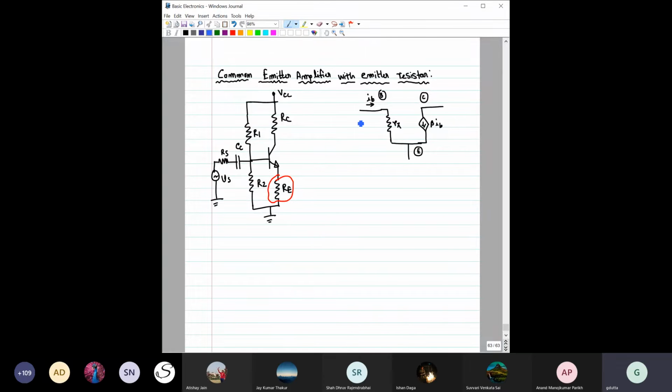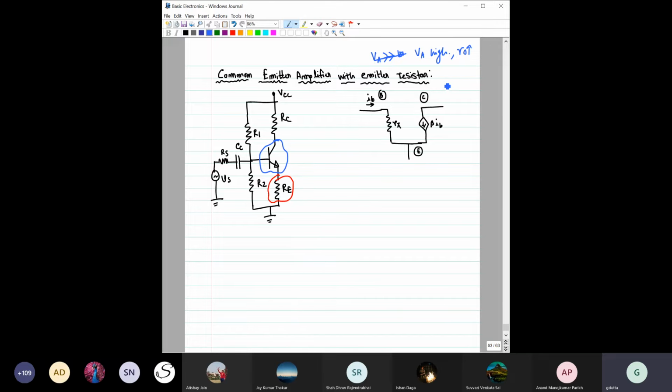So again, to do the small signal analysis, first we have to draw the small signal equivalent hybrid pi model of this bipolar junction transistor, and that has already been drawn. So you can see emitter, base, collector, and for this particular analysis, we are assuming that VA is very high. So that way R naught is also very high.